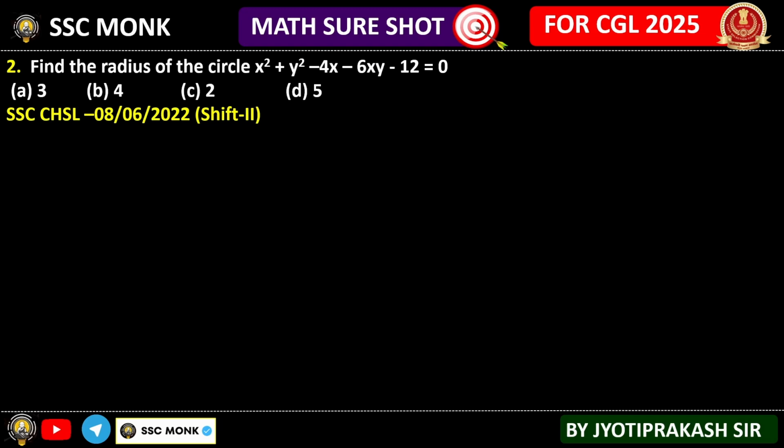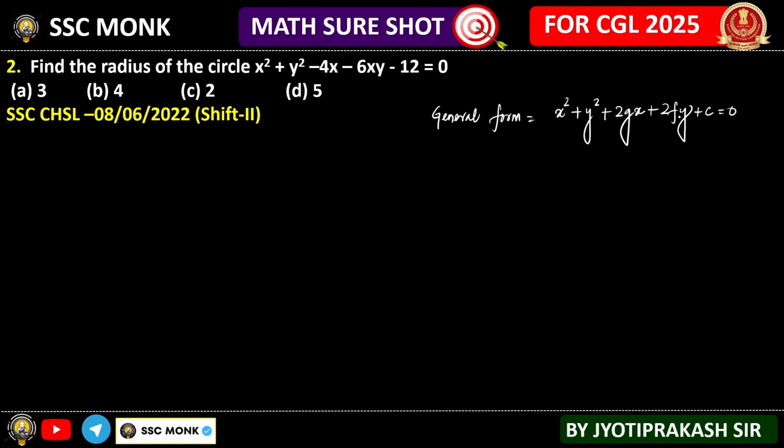Next, find the radius of the circle x square plus y square minus 4x minus 6y minus 12 is equal to 0. Now how to deal with such questions? Let's understand this. Always remember, the general form of this sort of equation will be x square plus y square plus 2gx plus 2fy plus c is equal to 0. g is what?